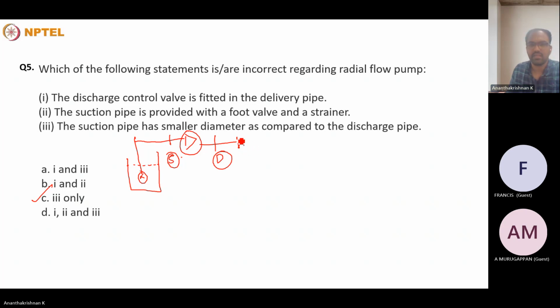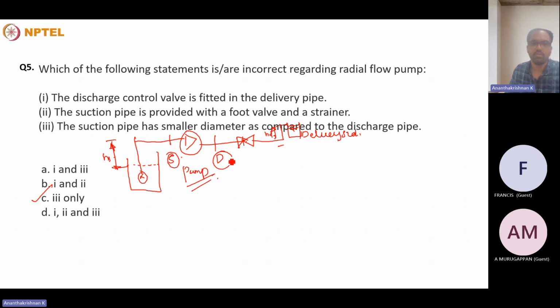This is the delivery side. This is the head, and this is the discharge head. The other one is the suction static head. This is the discharge head. Static side. This is the pump.